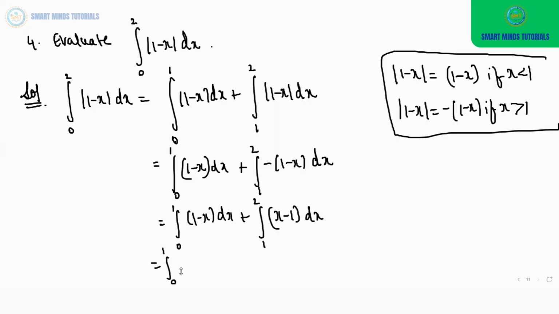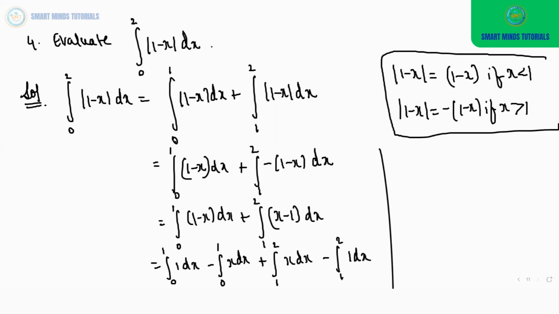Integral 0 to 1, 1 dx minus integral 0 to 1, x dx plus integral 1 to 2, x dx minus integral 1 to 2, 1 dx. See, you cannot cancel positive, negative here because limits are different. You cannot cancel them.